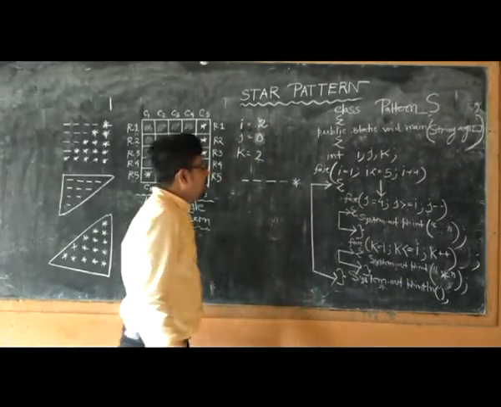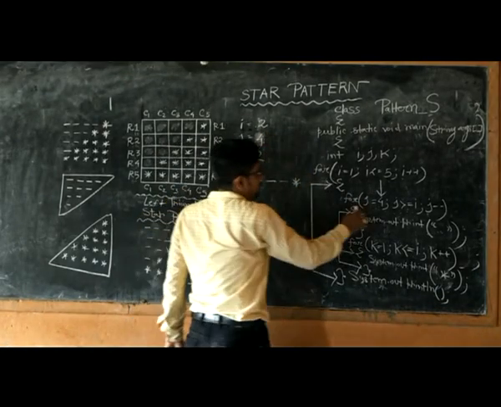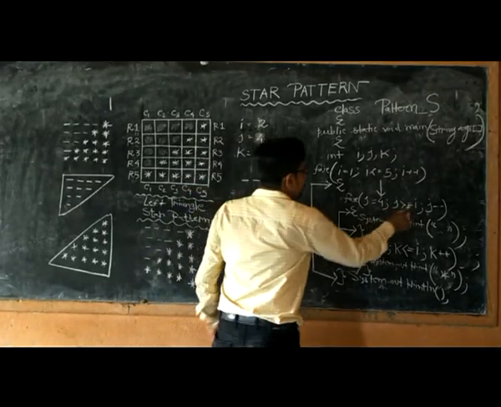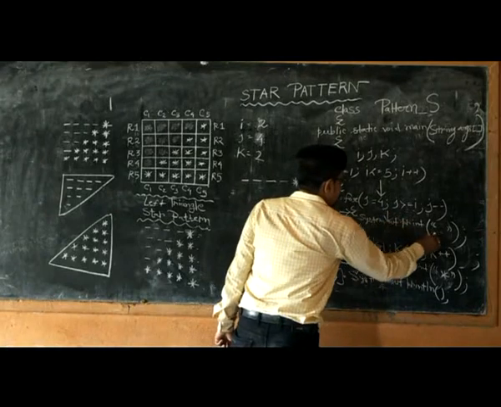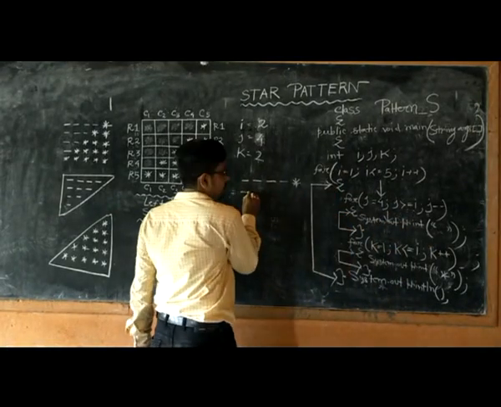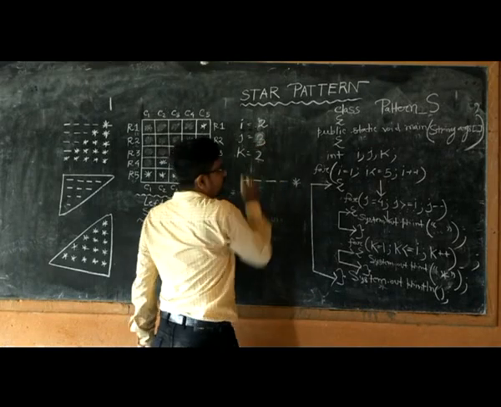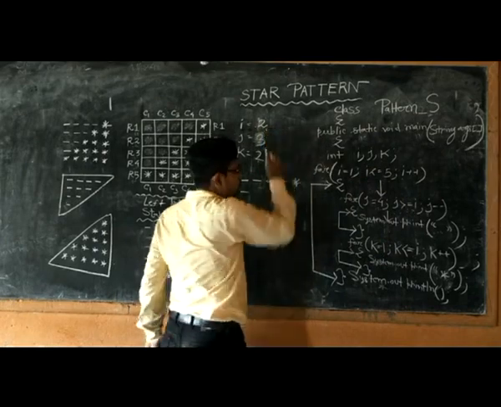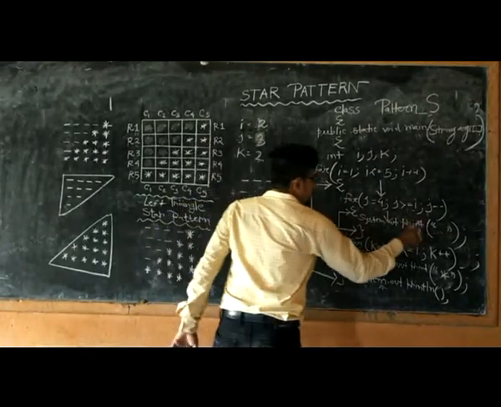Clear? Now j again starts from 4 because I have initialized the value 4. 4 >= 2, condition is true, yes, it will come here. Print one space. j--, now j is becoming 3. 3 >= i, now i value is 2, definitely our condition is true.